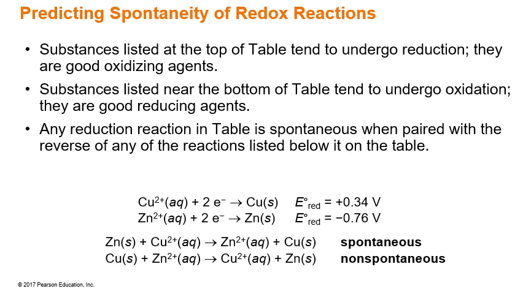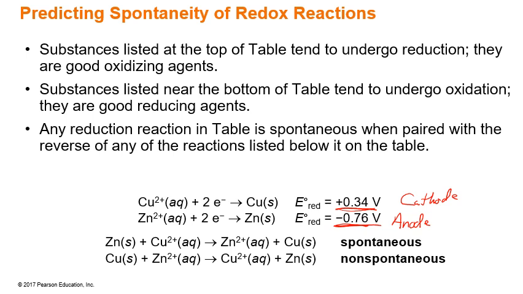So the more negative the value is, it is going to be the anode. And if we have a spontaneous reaction, the more negative value is the anode. The more positive value is going to be our cathode, and the reaction is going to want to go in that direction.